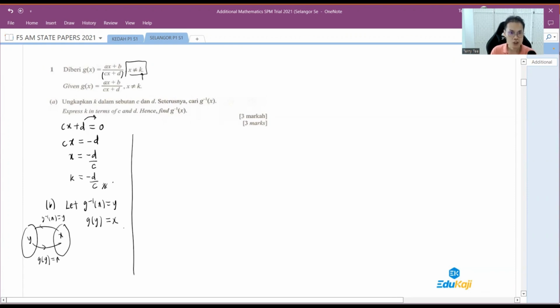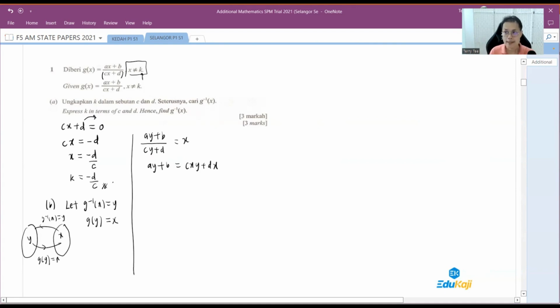Now, if g(x) is (ax + b) over (cx + d), g(y) will be (ay + b) over (cy + d). Basically, you replace x with y. Now we let this whole thing equal x. If you're solving for g inverse x, you're finding y. To find y, we multiply this over first: ay + b equals cxy + dx.